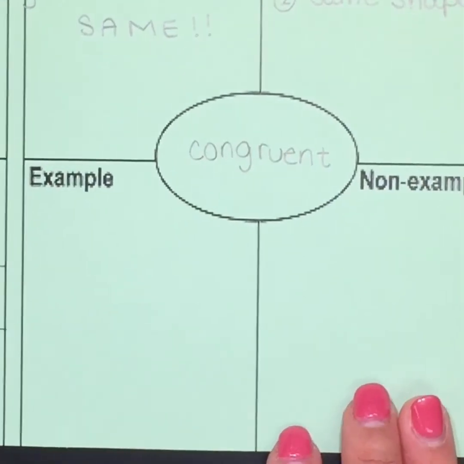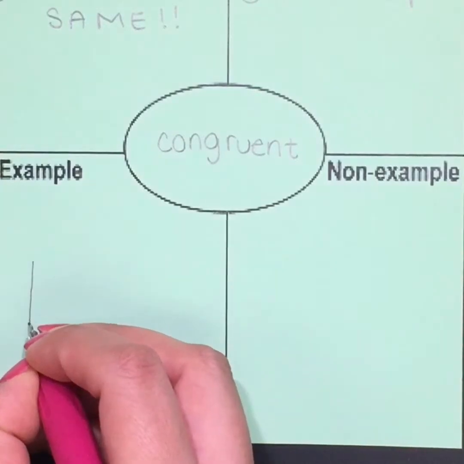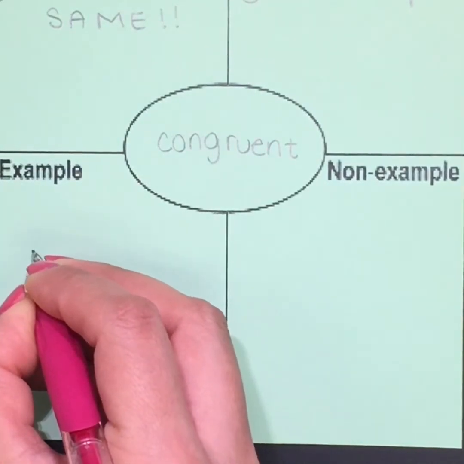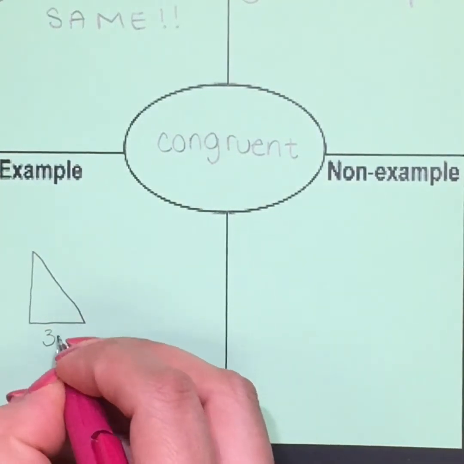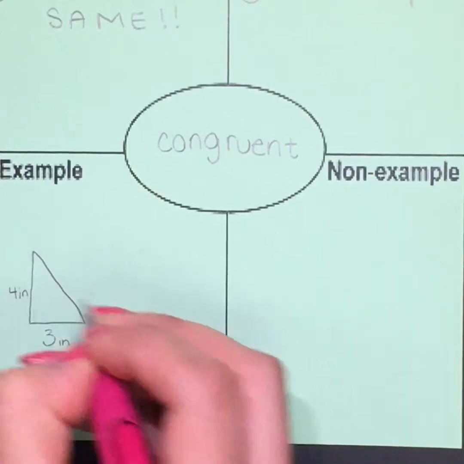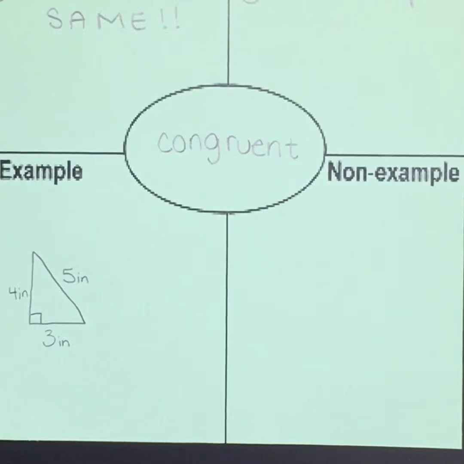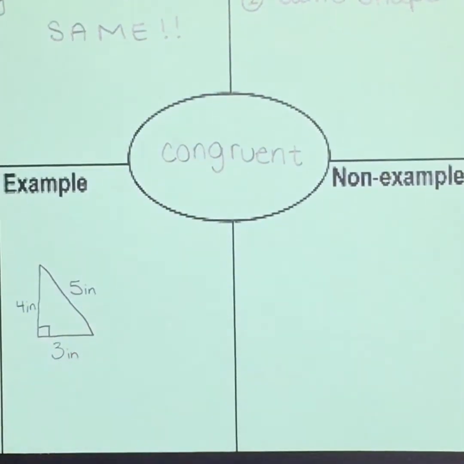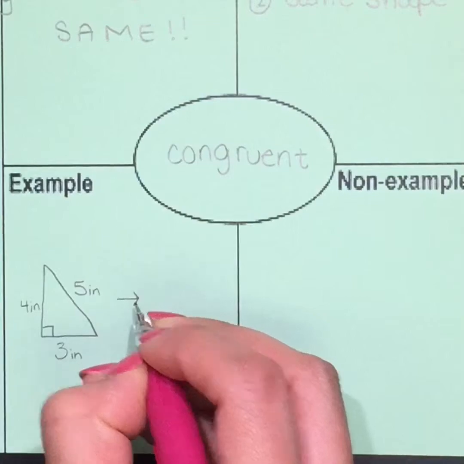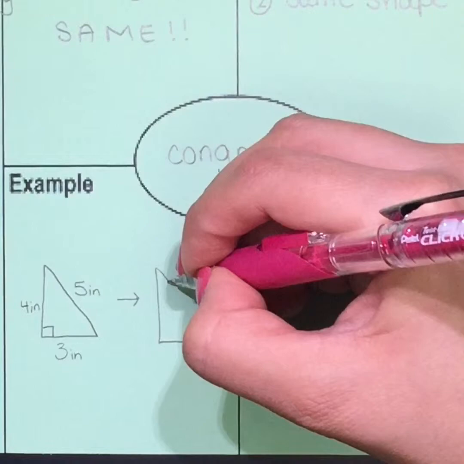Okay, so for our example, we're going to draw 2 right triangles. Here's my first right triangle, and the dimensions are 3 inches by 4 inches by 5 inches. And it's got a right angle right here. Now, if I'm saying that I'm going to draw a congruent right triangle, and congruent means exactly the same, that means that I'm drawing the exact same triangle over here. As best as I can.